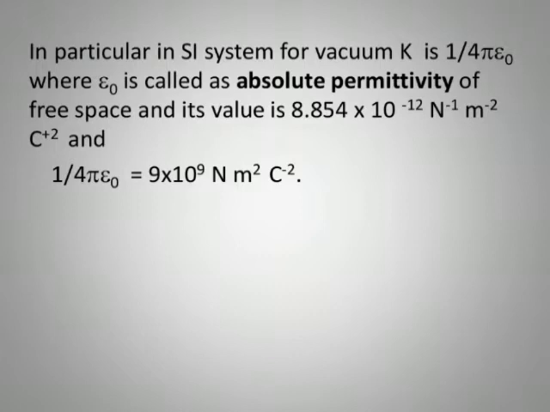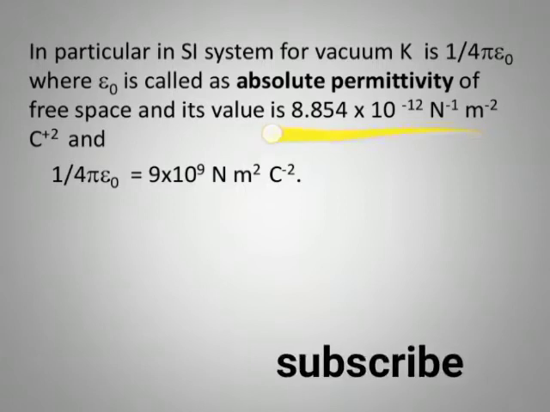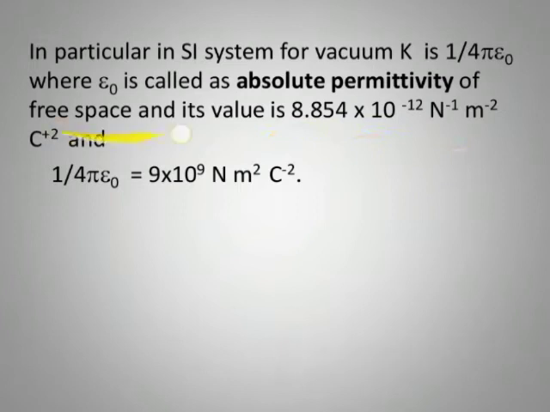So in SI system, in particular for vacuum, K is 1 divided by 4 pi epsilon naught, where epsilon naught is the absolute permittivity of free space. In case this epsilon naught is not for free space but for any other medium, the value of this epsilon naught, which is given as 8.854 into 10 to the power of minus 12, will change if the medium is changed, and this value is only for free space.